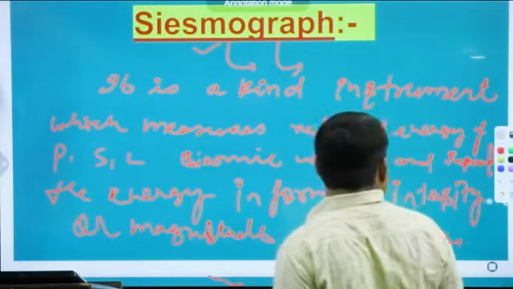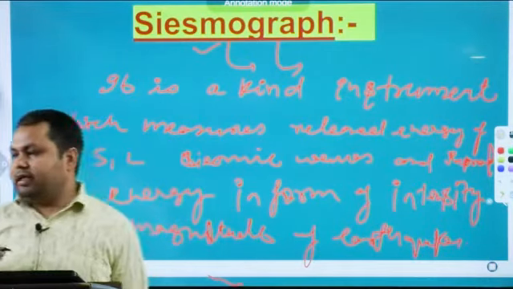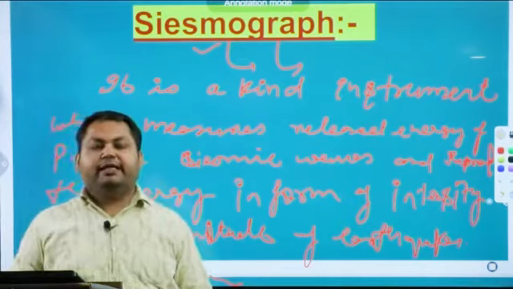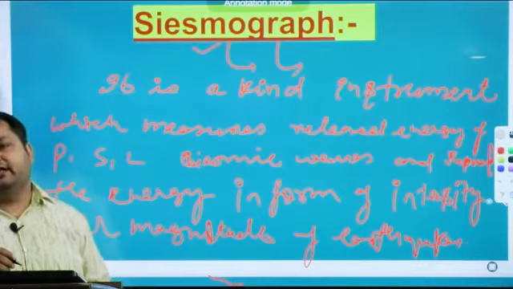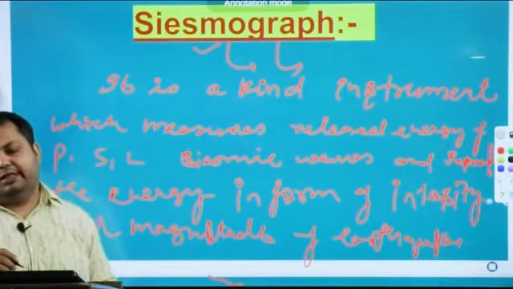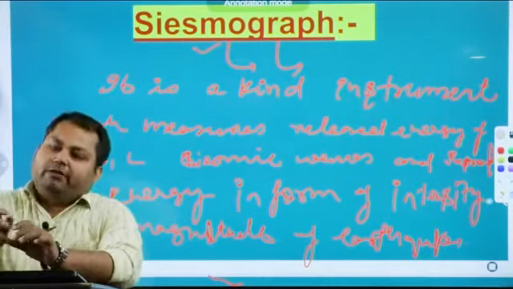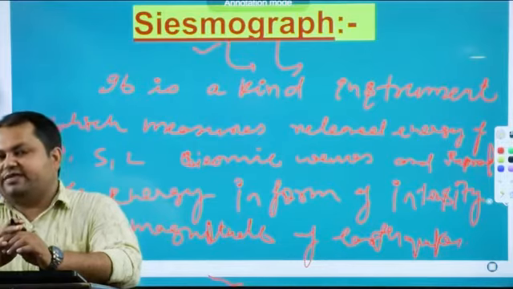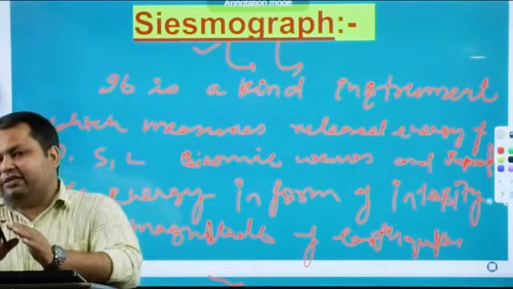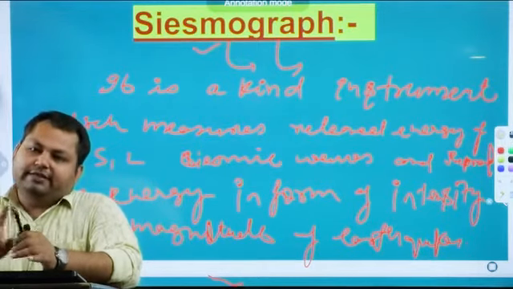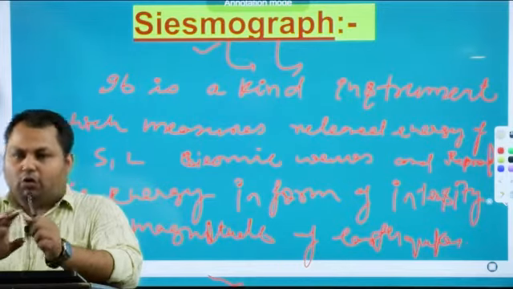There are many types of seismographs, like the Richter scale, Mercalli scale, and Rossi-Forel scale, but because of its most accuracy and highest precision power, the Richter scale has become most popular, and right now it is used to measure the magnitude and intensity of earthquakes globally.